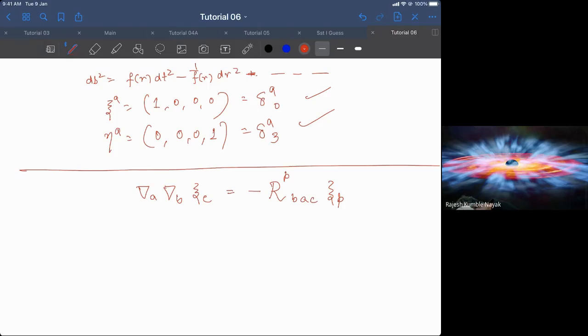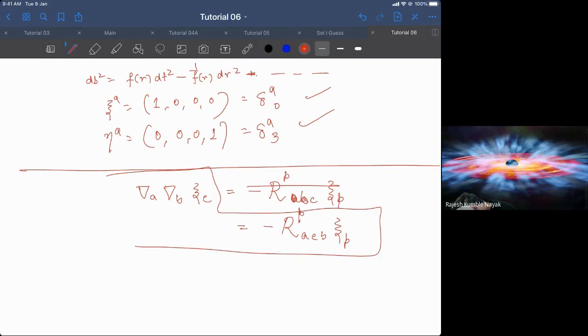No, this needs to be A. This needs to be R_P, C is, okay, so A, C, and B. This is P, xi_P. I want you to show that. It's fairly straightforward. There is nothing much to do.